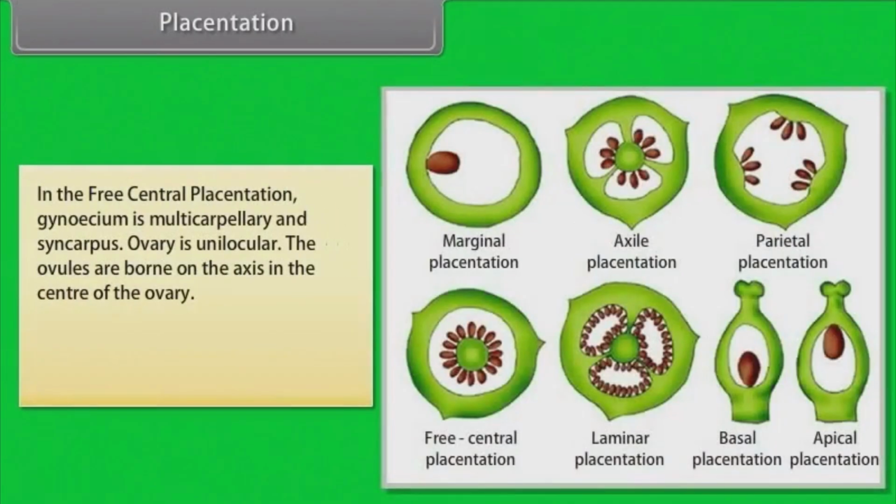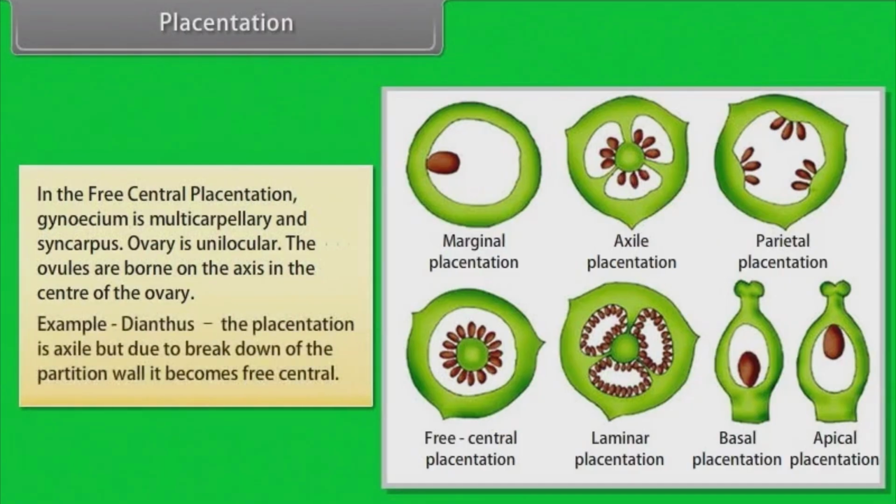In the free central placentation, gynoecium is multicarpellary and syncarpous. Ovary is unilocular. The ovules are borne on the axis in the center of the ovary. Example, Dianthus. The placentation is axile, but due to breakdown of the partition wall, it becomes free central.